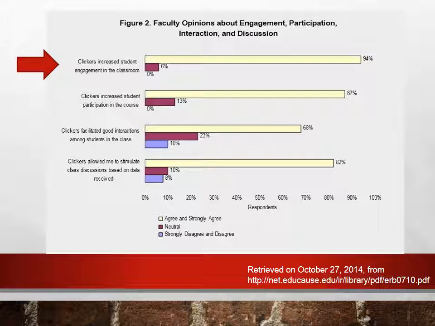Clickers offer quick and valuable feedback to learners and the instructor about the comprehension level of the topic being discussed. Participation, 87%. Since the answers are posted anonymously, learners feel more comfortable to respond and encourages them to participate. Interaction, 68%. Clickers are easy to use, and it is a fun way to add interaction to the class.